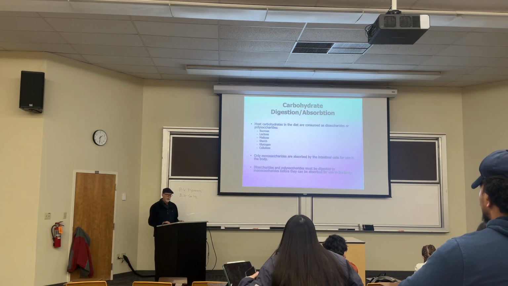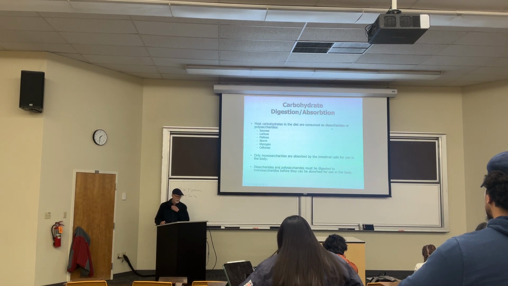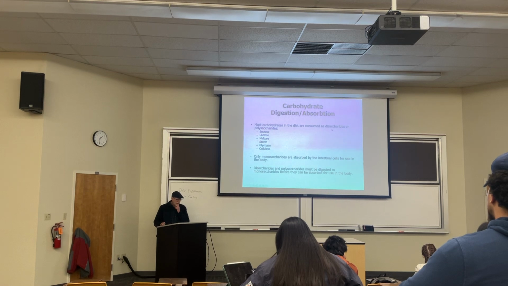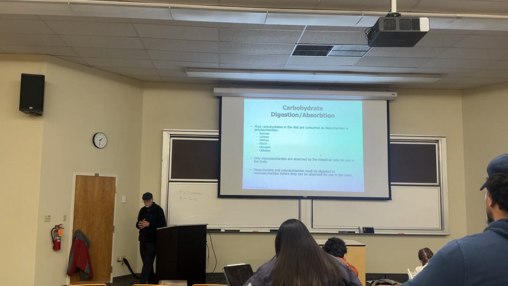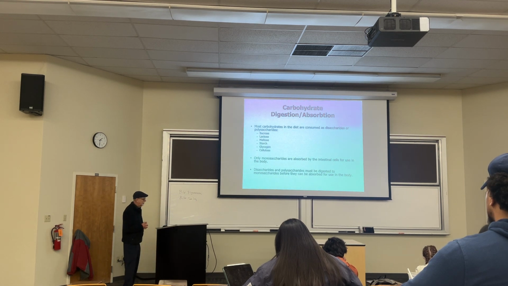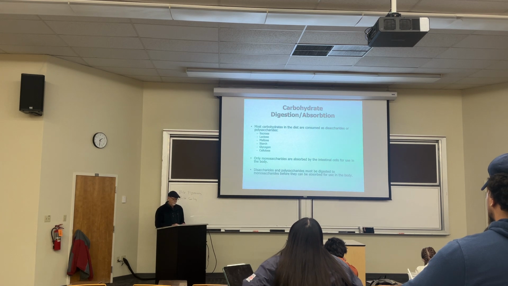Eventually, we digest it down to disaccharides, or we eat the disaccharides. Disaccharides are things like sucrose, lactose, and maltose, and we need to digest them down into monosaccharides like glucose and fructose and galactose. And then we can absorb them.